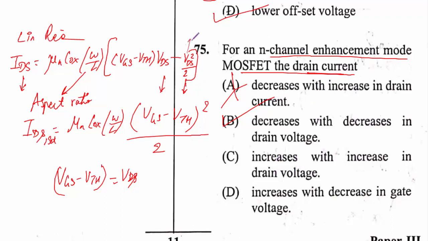If I am increasing the drain voltage, this quantity is a dominating one. If I am assuming VGS as a low value, at that time IDS will be a lower value. The drain current decreases with decrease in gate voltage. If I am decreasing the gate voltage, IDS also decreases. So option D is a wrong statement. So the option that is going to follow is option B is correct.